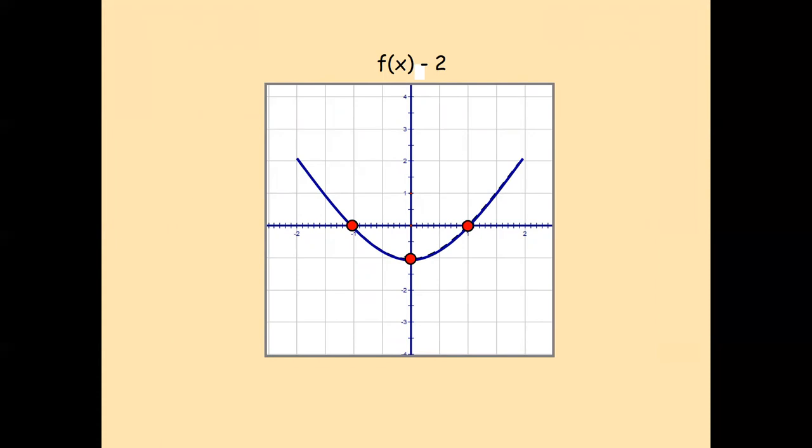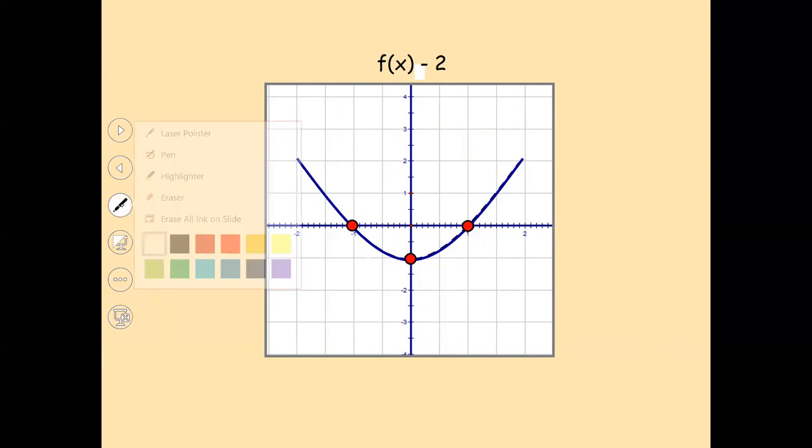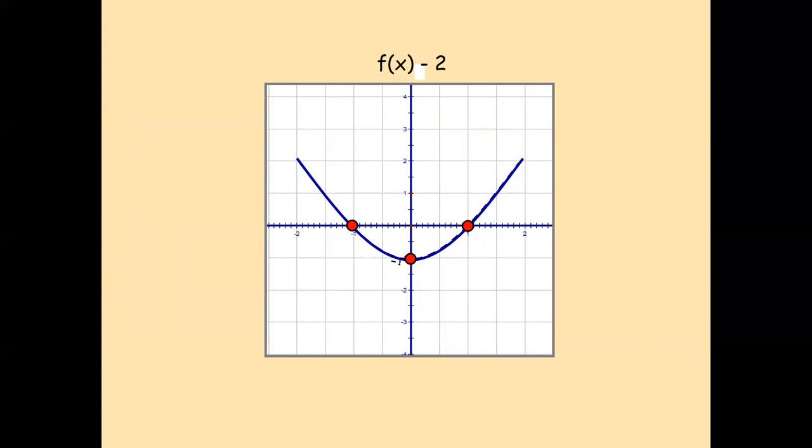Now, if I write f of x minus 2, so I've got negative 1 here, negative 2 here, plus 1, plus 2. So take away 2, negative 1 will move to negative 3.